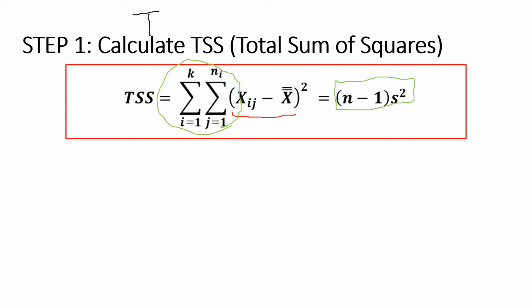TSS, the total sum of squares, is equal to what's called the between sum of squares, which is the sum of squares of the difference between each sample mean and the grand mean, plus the within sum of squares, which is the difference between each sample mean and each of its observations, if I remember correctly.